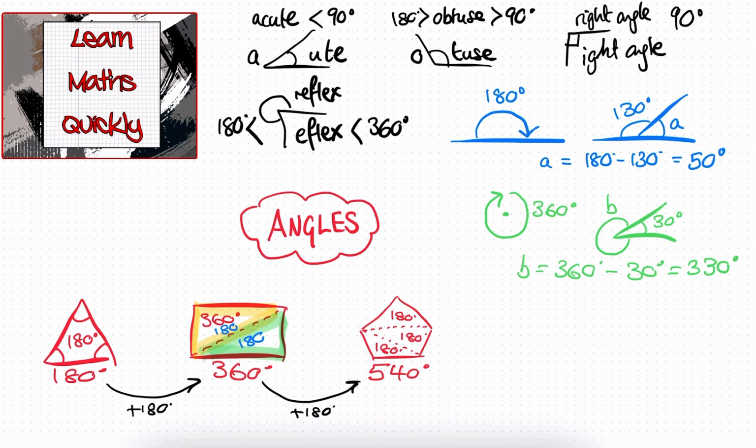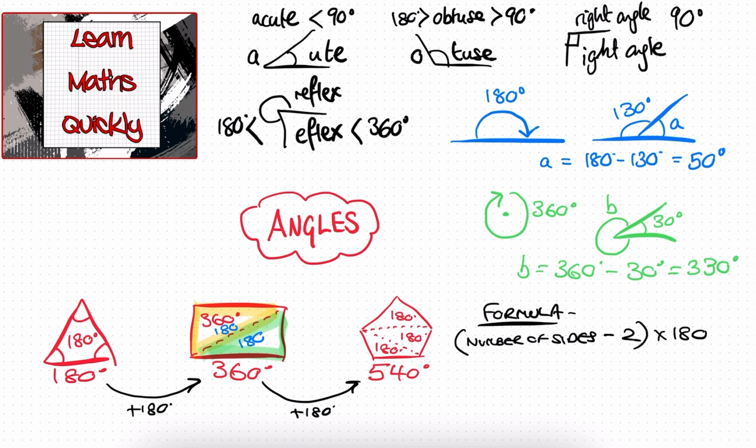Now the formula is you have the total number of sides and you subtract 2, and then you multiply that by 180. So our formula is number of sides take away 2, and we times that by 180.